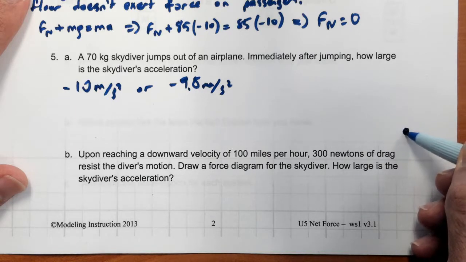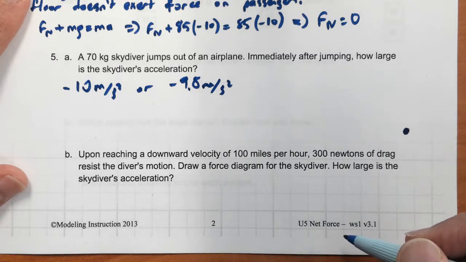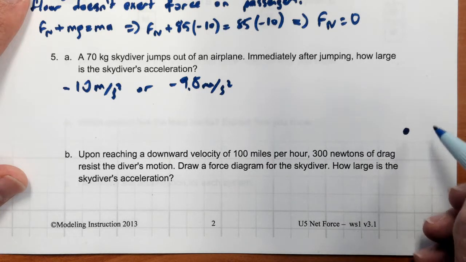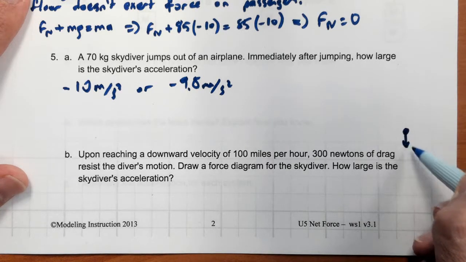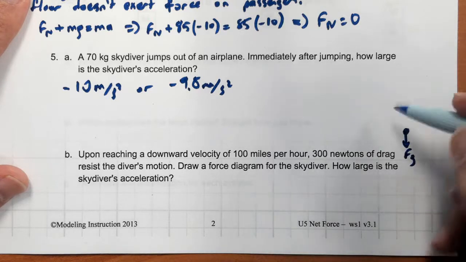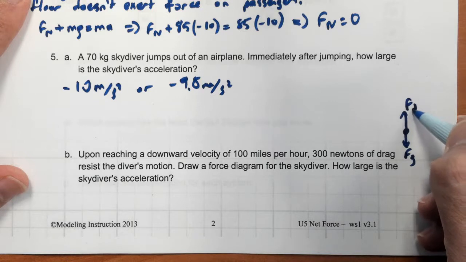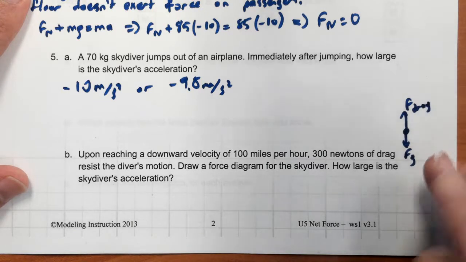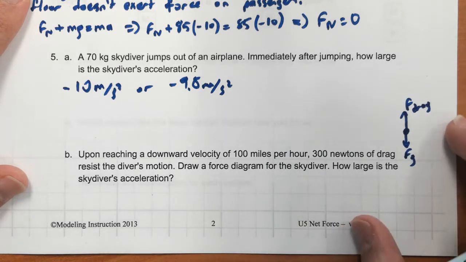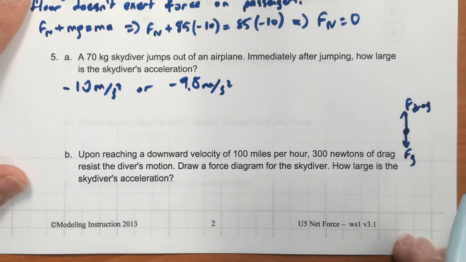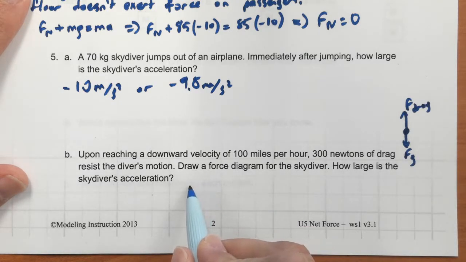There is a gravitational force downward and there is a drag force. Okay, so since it's going down and getting faster, we can say that the gravitational force acting on it is much larger, right?